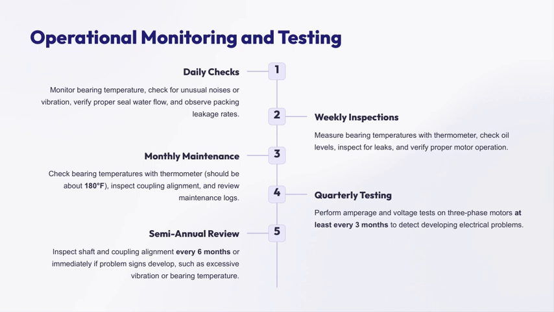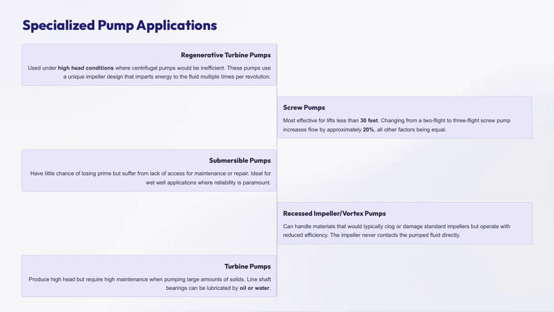Doing this every 6 months, or sooner if there are signs like excessive vibration or rising bearing temperatures, ensures our machinery stays properly aligned and efficient. By following these scheduled checks and tests, we support the overall theme of proactive maintenance, keeping our equipment running smoothly, safely, and efficiently.